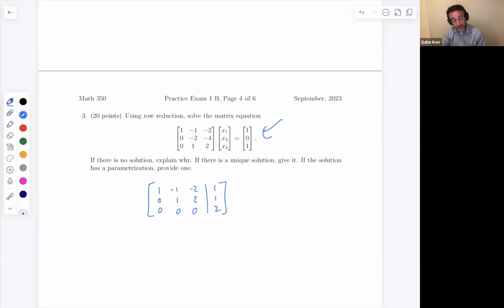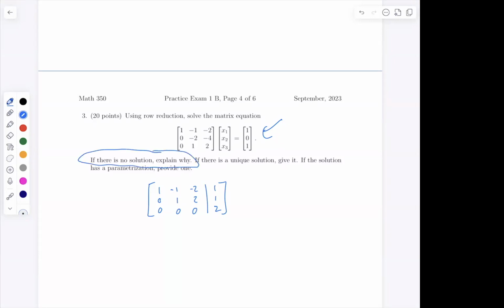This is the reduced echelon form of the augmented matrix. However, if you're talking about solutions to the equation, there's a step 1, a step 2, and a step 3. Step 1 is, does a solution exist? And it doesn't because 0, 0, 0 equals 2.